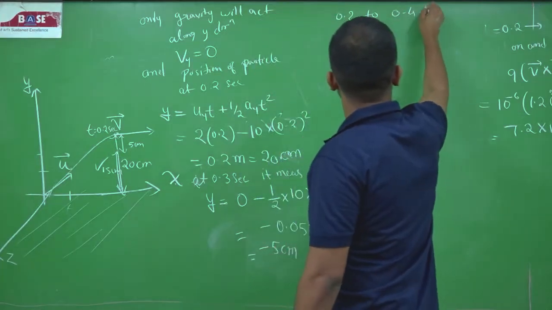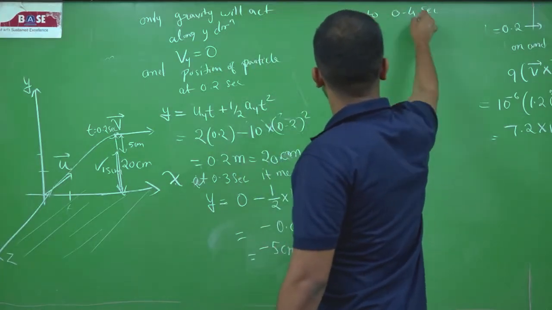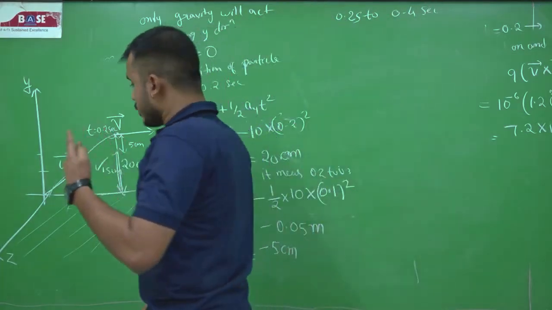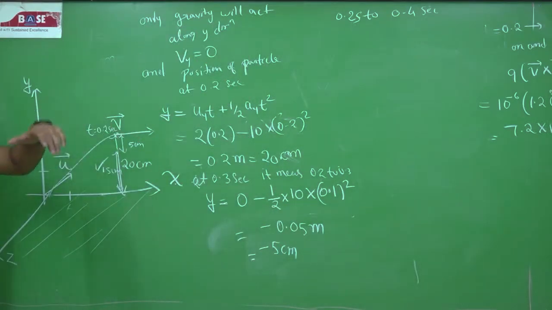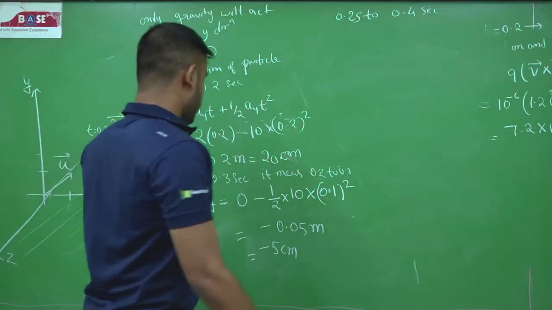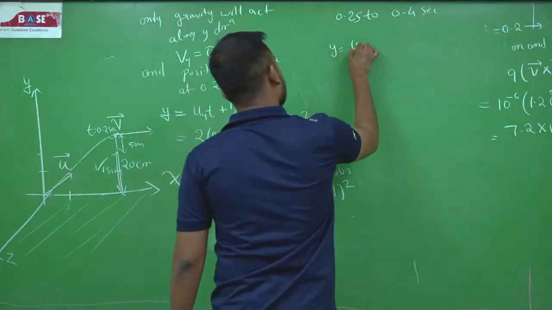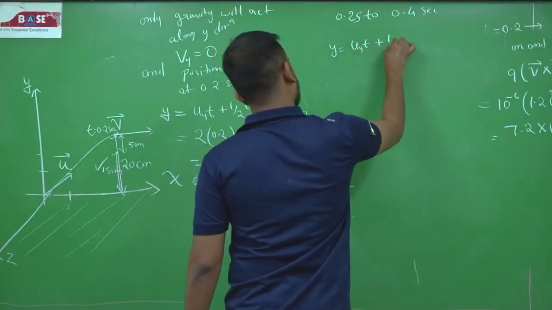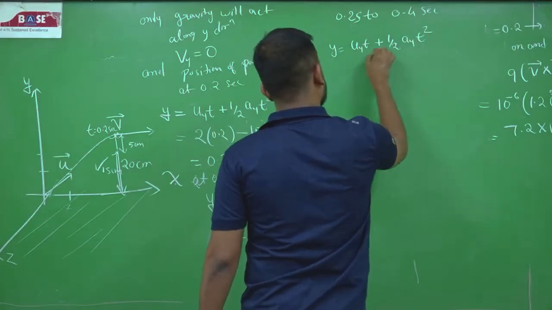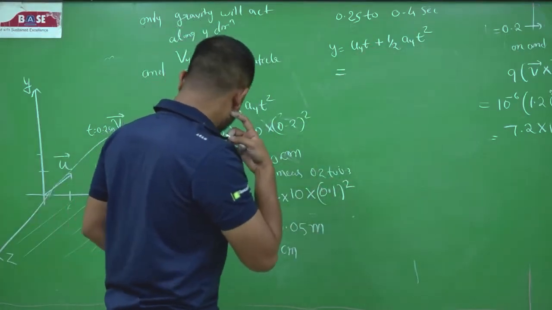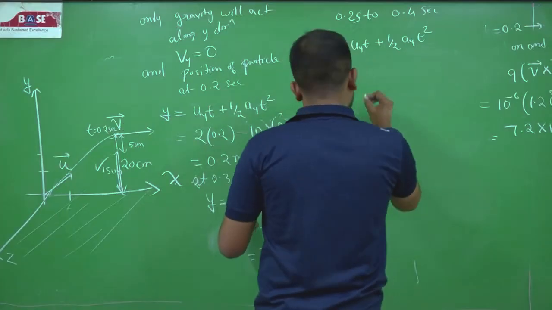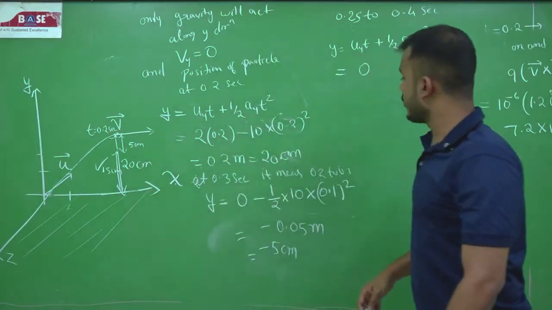What is the time from here to here? 0.2 second to 0.4 second means in 0.2 seconds, what is the displacement of the particle from here, because now the particle is here at 0.2 second. So we can say y equal to again u_y t plus half a_y t square. So what is the u_y? Initially the particle speed is 0 at 0.2 second.